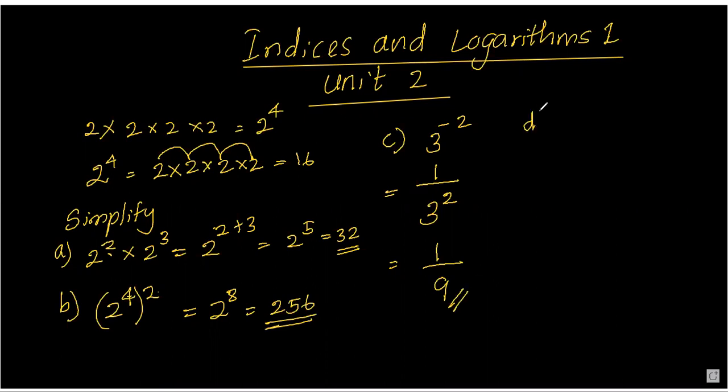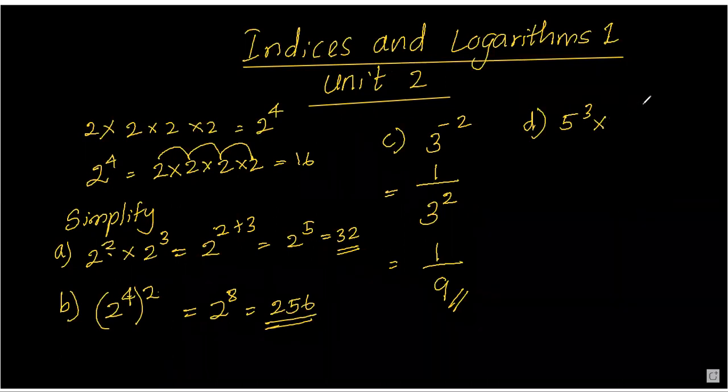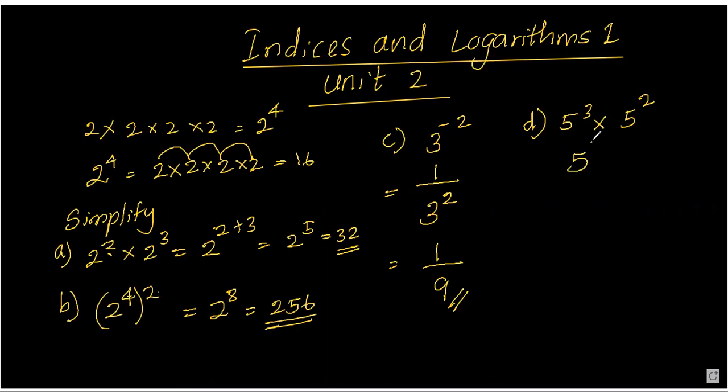Question D. 5 to the power 3 into 5 to the power 2. Right? A, B, C, 5 to the power 3 into 5 to the power 2. So 5 is the base here. 3 plus 2.